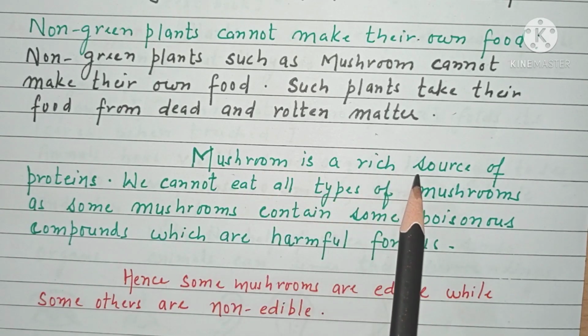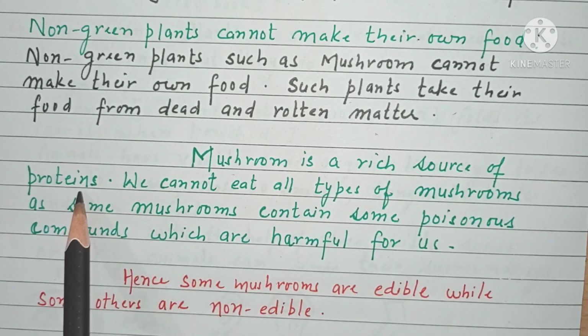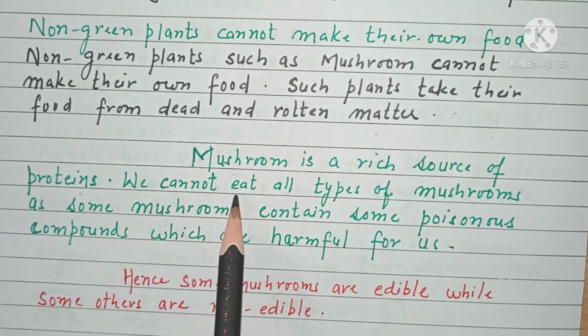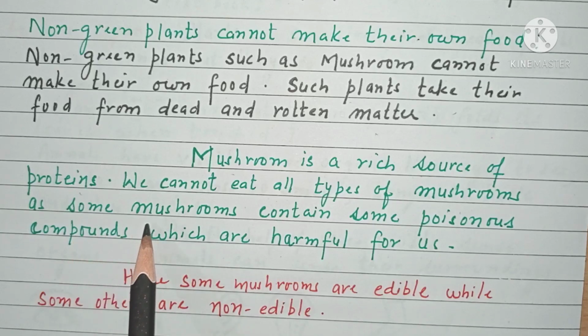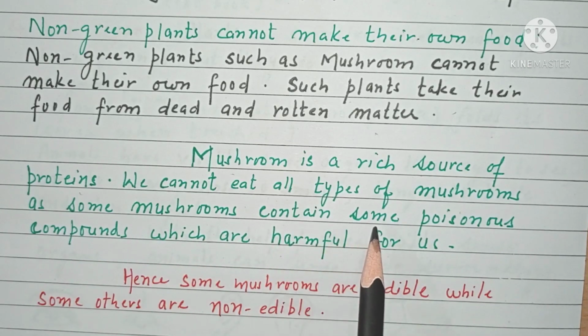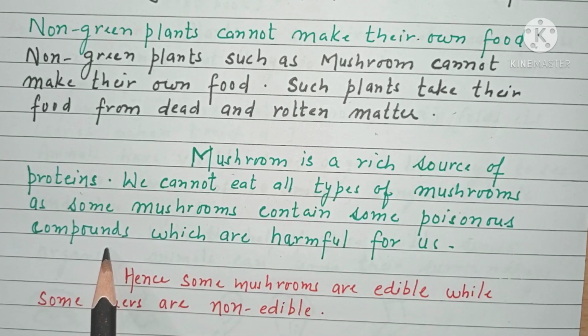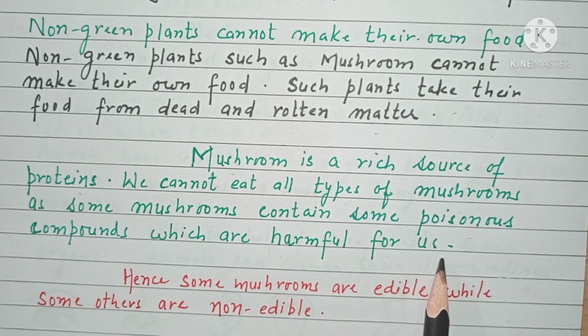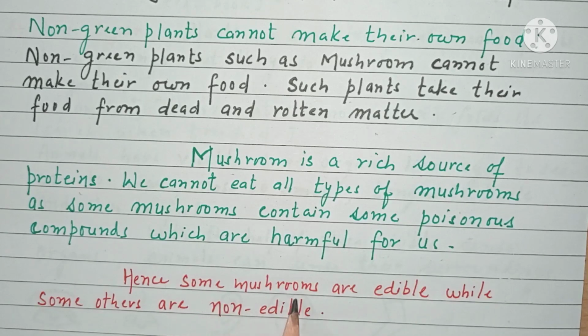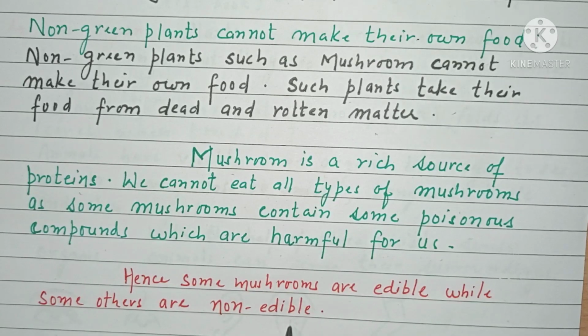Mushroom is a rich source of proteins. We cannot eat all types of mushrooms as some mushrooms contain some poisonous compounds which are harmful for us. So, some mushrooms are edible while some others are non-edible.